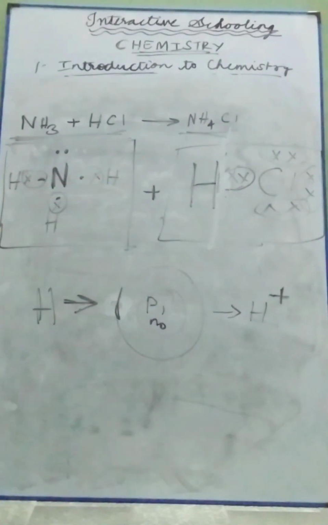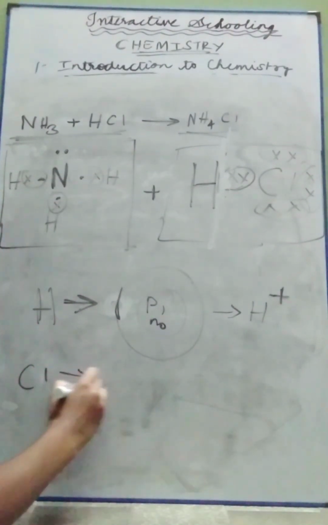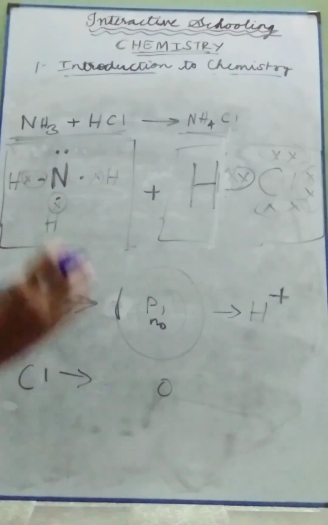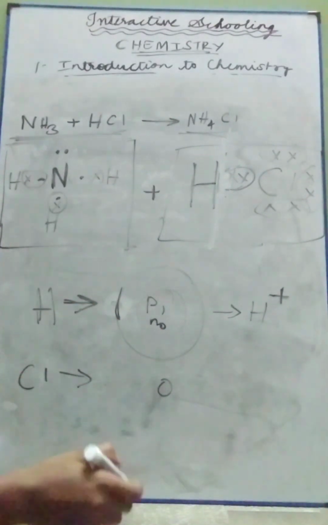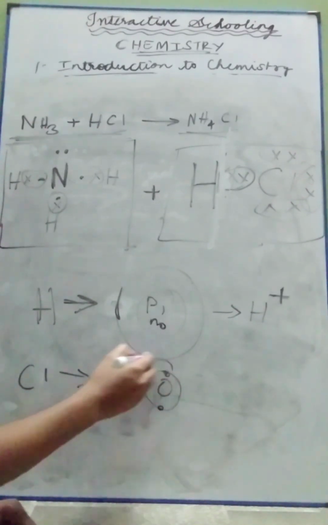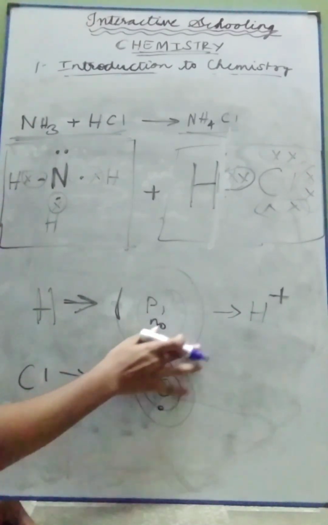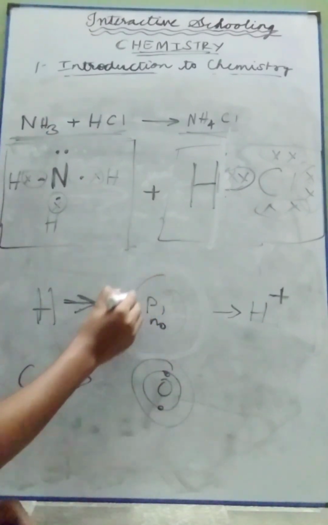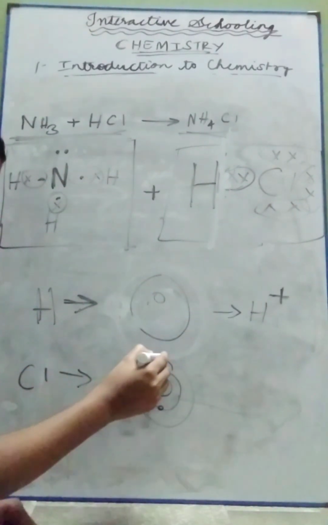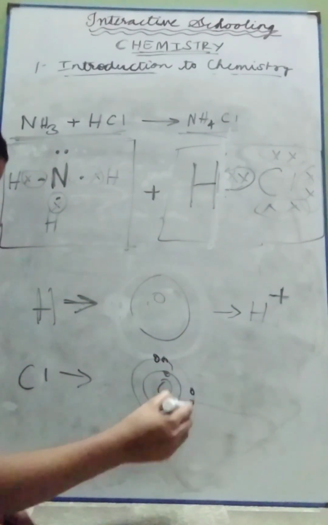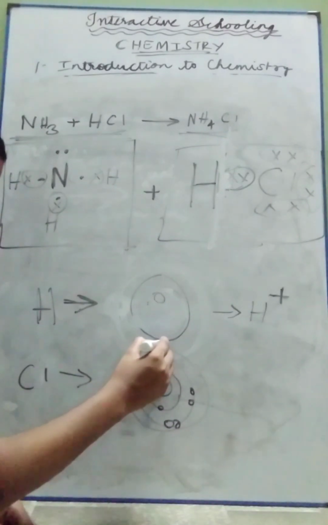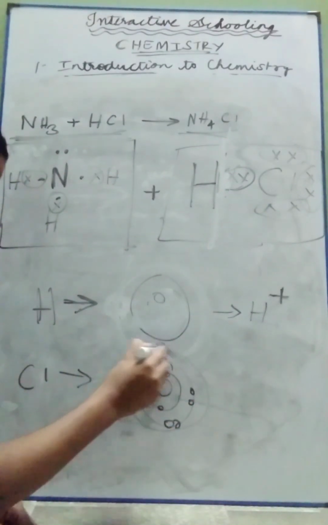What happens to chlorine? For chlorine, there are 17 protons and 18 neutrons. So the first shell has 2, the second shell has 8 and the third shell has 7.